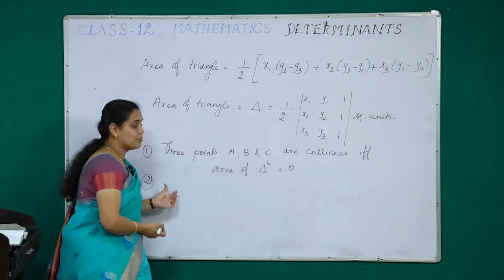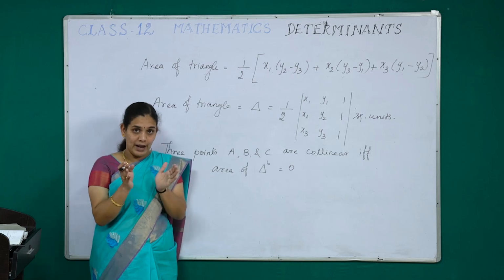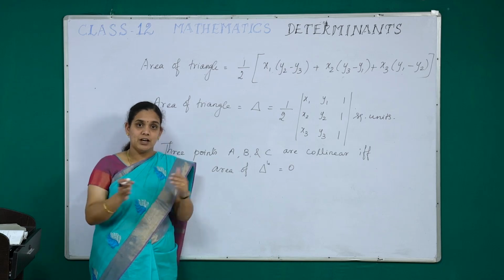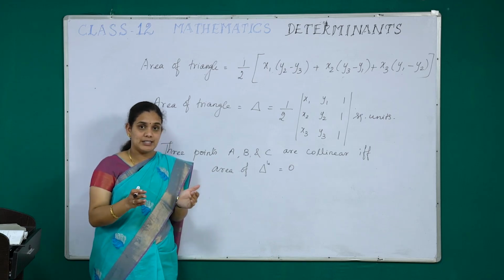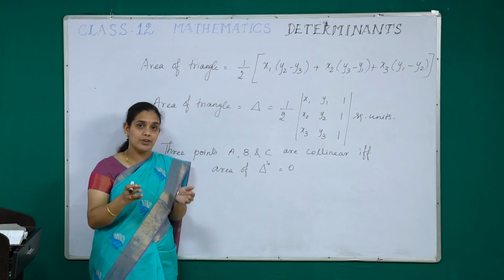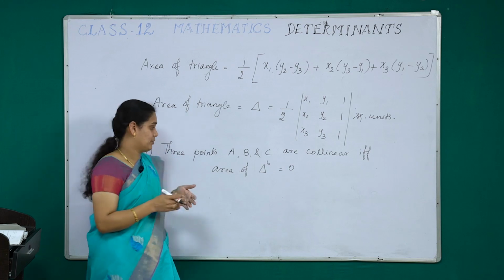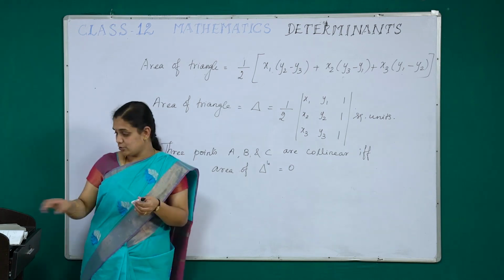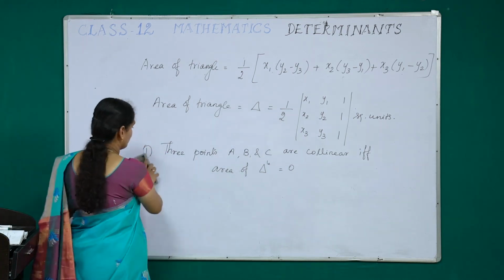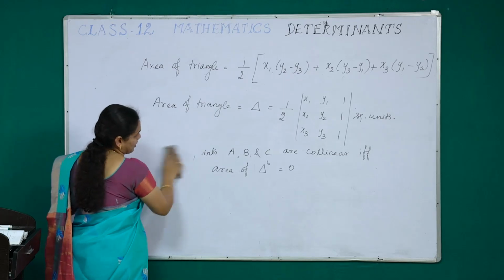And sometimes you will be given the area of the triangle, and asked to find the missing vertex or something like that. In that case also we have to take the area with both positive and negative value. We will see how to solve those problems one by one.